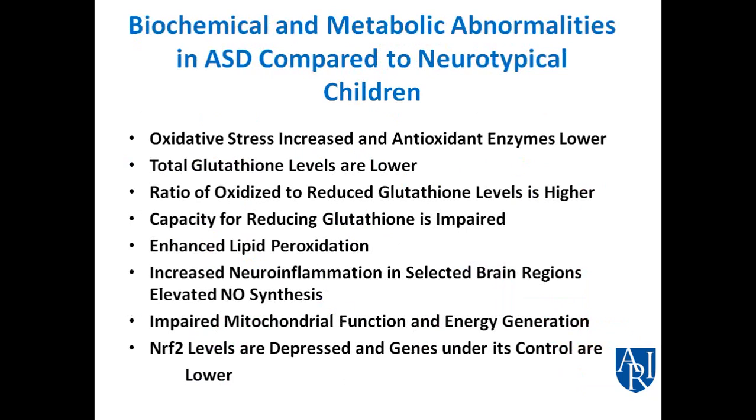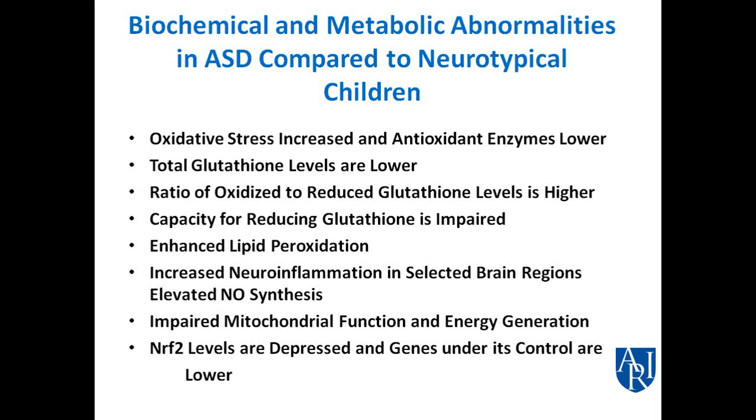findings in autism. Here's just one list. I'm sure everybody could make another list and a much longer list, but here are some that are very interesting. Jill James and her group have demonstrated the importance of oxidative stress, low glutathione levels, and enhanced lipid peroxidation. Of course, neuroinflammation we've talked about, elevated nitric oxide synthesis, impaired mitochondrial function, and energy generation.